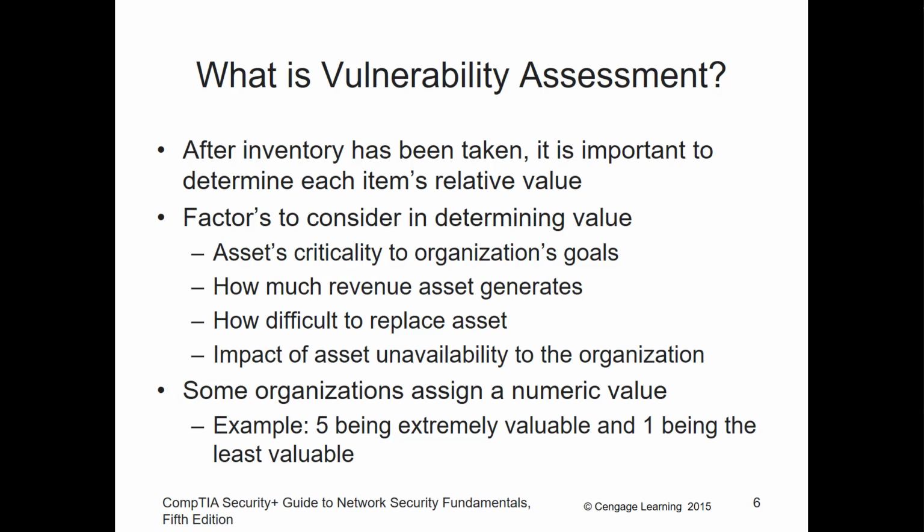How much revenue does that asset generate? Again, people can be assets. And what is the impact of the asset's availability to the organization, and what could that cost, potentially? Some organizations assign a numerical value, like 1 through 5, as an example.